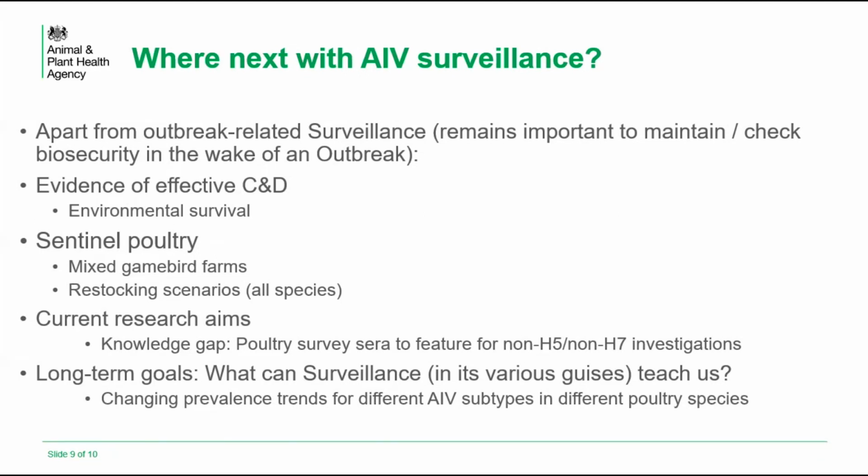In terms of research gaps, for the poultry serology survey, we concentrate on H5 and H7, but it would be good to look at other, what we may term low path serotypes like H4 or H6, because that could be very interesting. And then in the long term, we can be looking at changing prevalence trends.